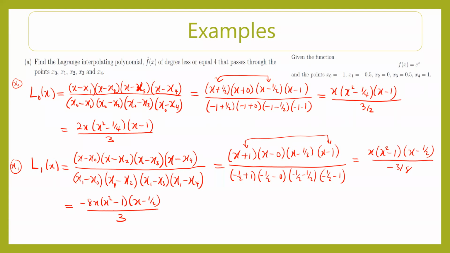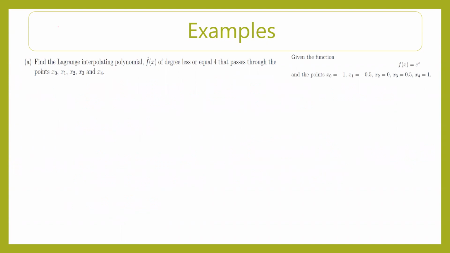Because of time, I'm not going to walk through everything. I'm going to give you what L2, L3, and L4 will look like, and I trust that you can use the same way to get that out. So L2 of x, if you use the formula, you will end up getting 4 into x squared minus 1, then x squared minus 1 over 4.